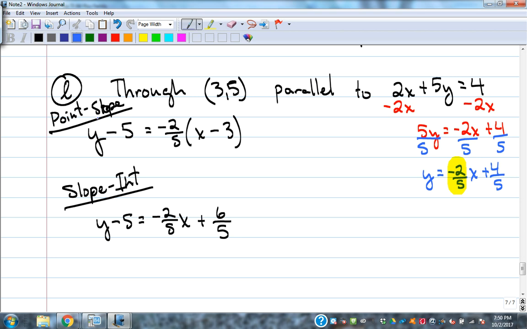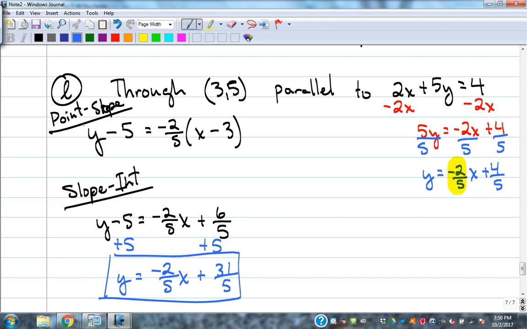And then I need to get y by itself. Negative 2/5 x, that'd be 25/5, be 31/5. Check me with the calculator, somebody. Just make sure I'm right. It is good.